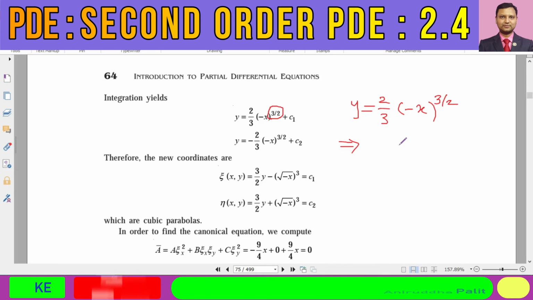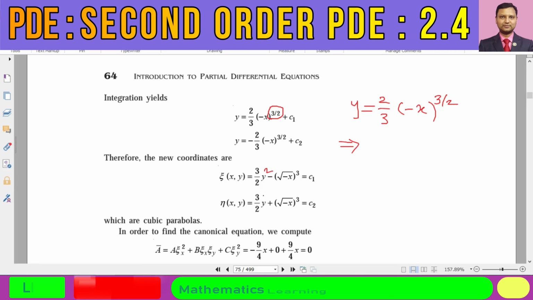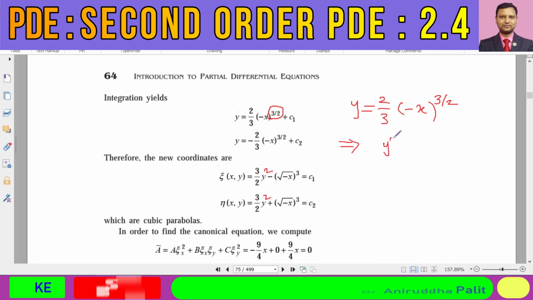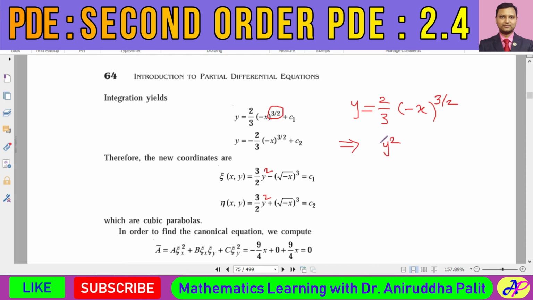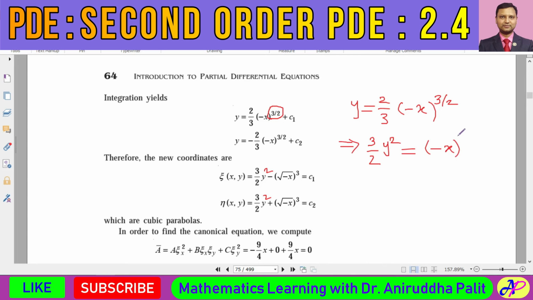And what we have, we should write this kind of square over here, not like this, y square should come. So y square, and then what we get, 3 by 2 is equal to minus x whole cube.